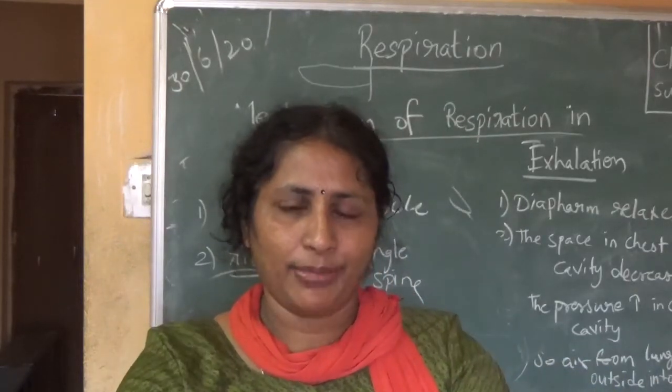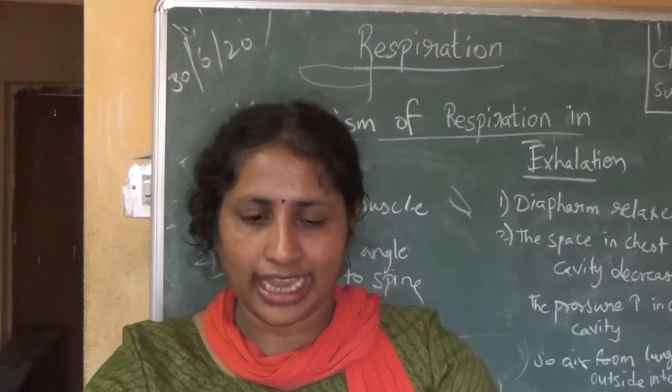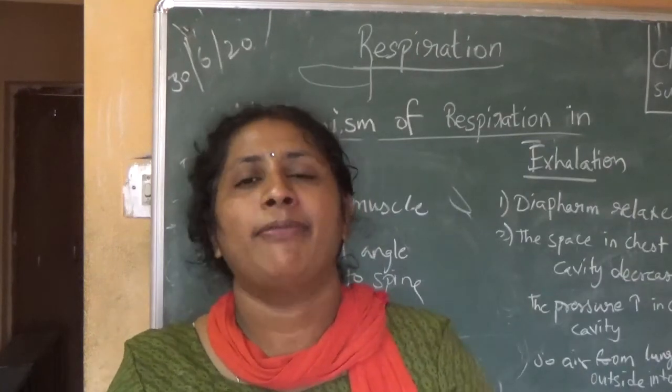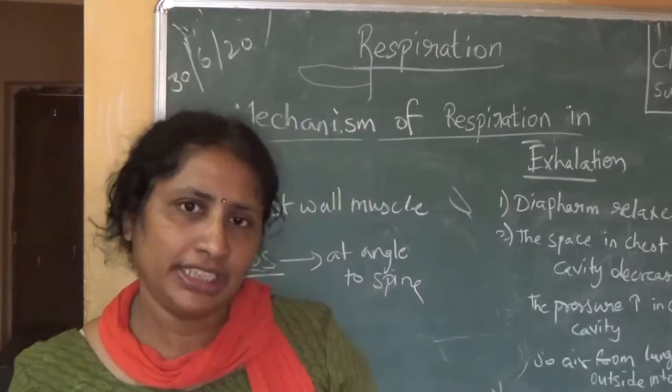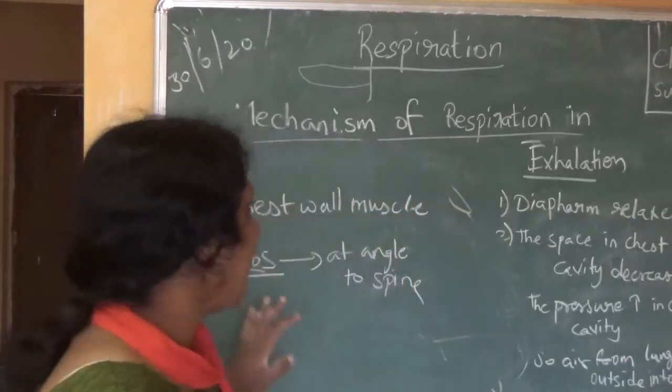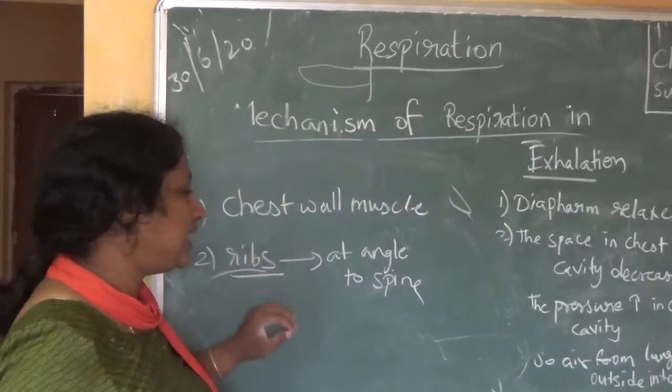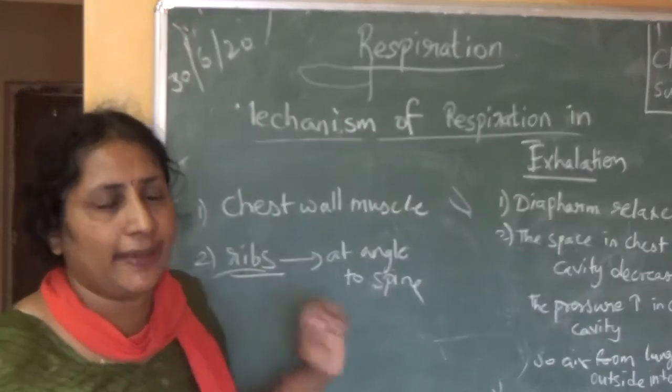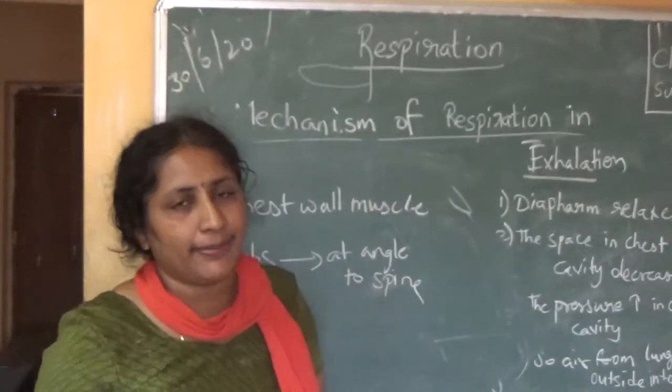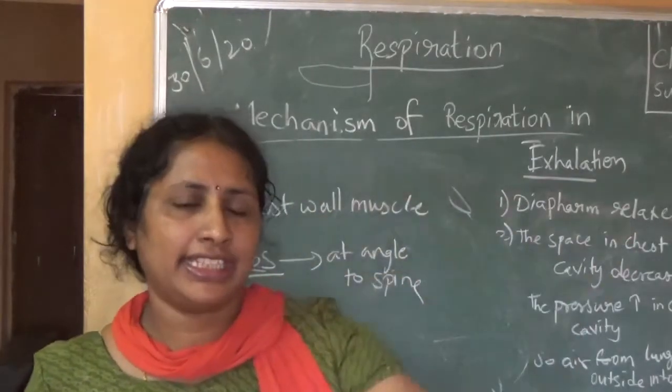So the diaphragm, chest wall muscles and ribs are helping in inhalation and exhalation.